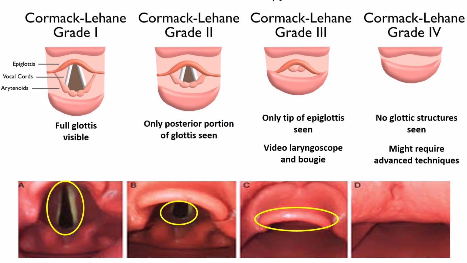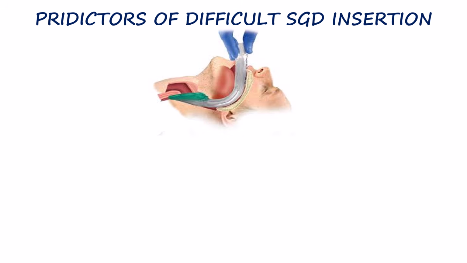To end the video, airway assessment also involves anticipating potential difficulties with backup techniques, like using supraglottic airway devices, in case standard intubation fails. The RODS mnemonic helps guide this evaluation. R stands for restricted mouth opening, which can make device insertion challenging.